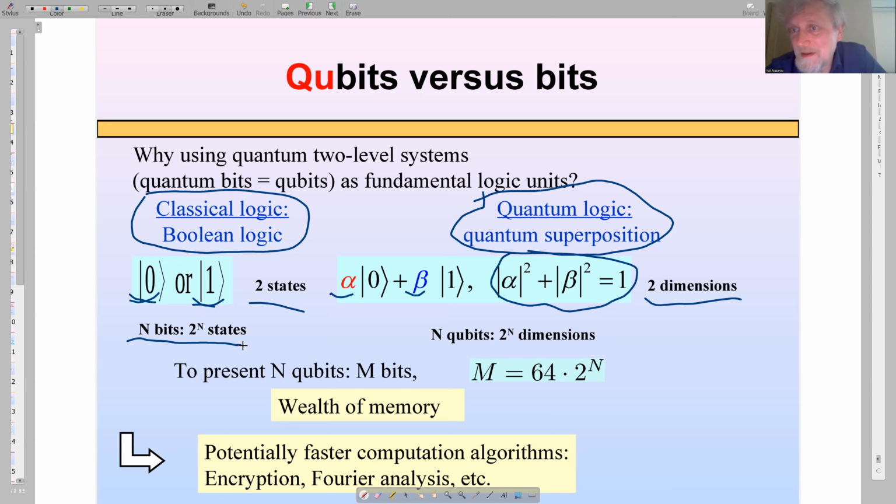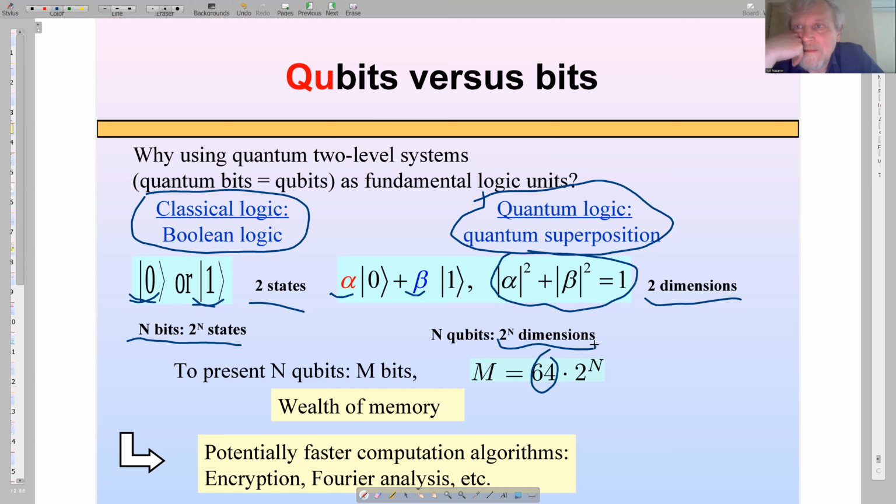You could eventually present any floating point number with high accuracy, so it's almost continuous. What will happen if we take n quantum bits, qubits? In this case, you will have a 2 to the power n dimensional space of wave functions.